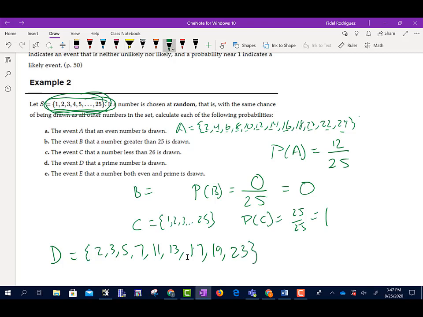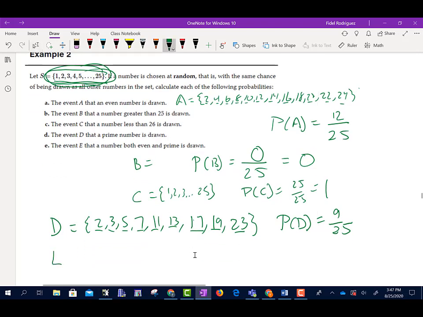These are all numbers that I cannot break down. So let me count. How many do I have? 1, 2, 3, 4, 5, 6, 7, 8, 9. So the probability of getting a prime number would be 9 out of 25.